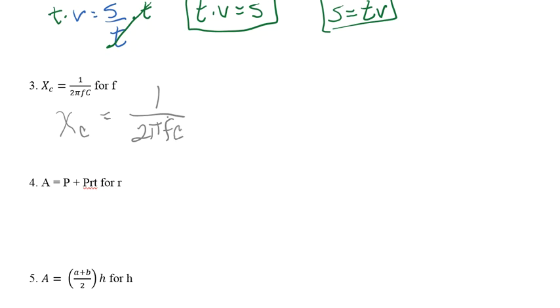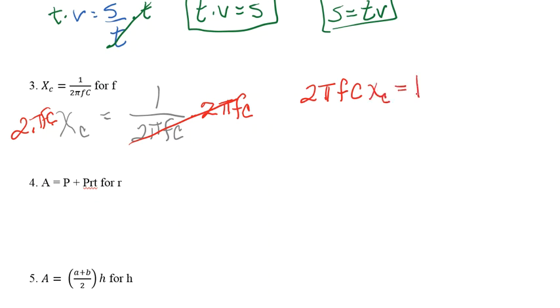Well, all this stuff is kind of in the way, so let's first get rid of the fraction. So I'm going to multiply by 2 pi f and c. Now you might be saying, well, why is she moving the f? I'm doing it just because I don't like the fact that it's in a fraction. So what I now have is 2 pi f c x sub c equals 1.